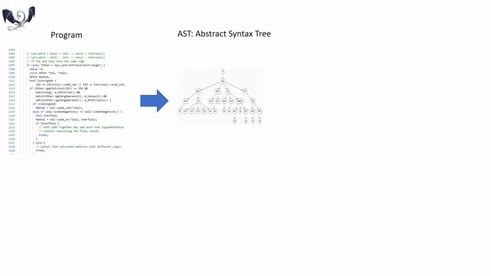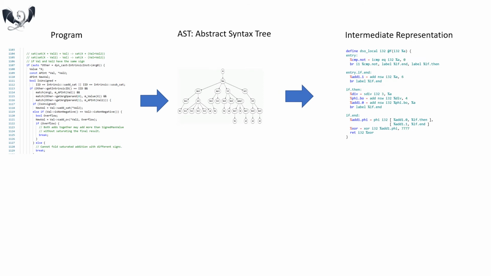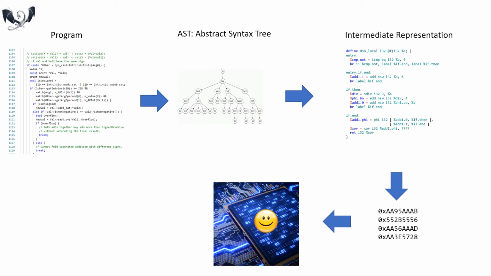Then we go from here to an intermediate representation, which is much closer to the instructions that the CPU can execute, much lower than the AST. From this intermediate representation, we can go to the binary code, which can then be executed by our very happy CPU, because now it has binary code.